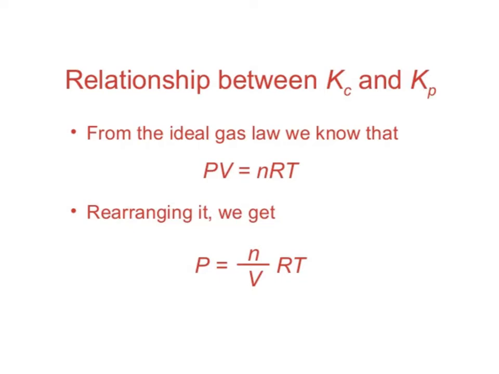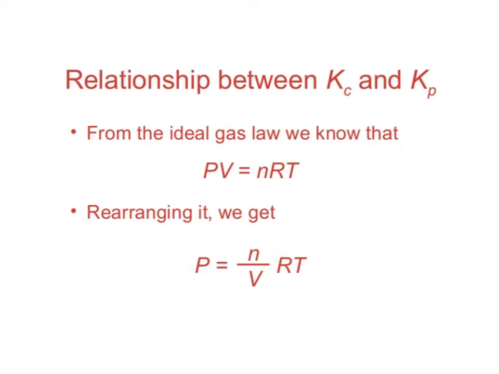So I'm going to discuss this, although we probably won't work many problems with this. You can convert the equilibrium constant written in concentrations to the equilibrium constant written in pressures, because we know that pressure times volume equals number of moles times R times temperature in Kelvin. We can rearrange that to find what pressure equals, moles over volume times RT.